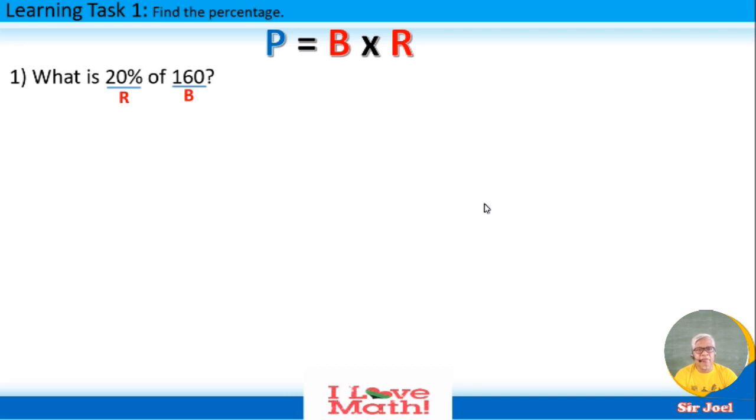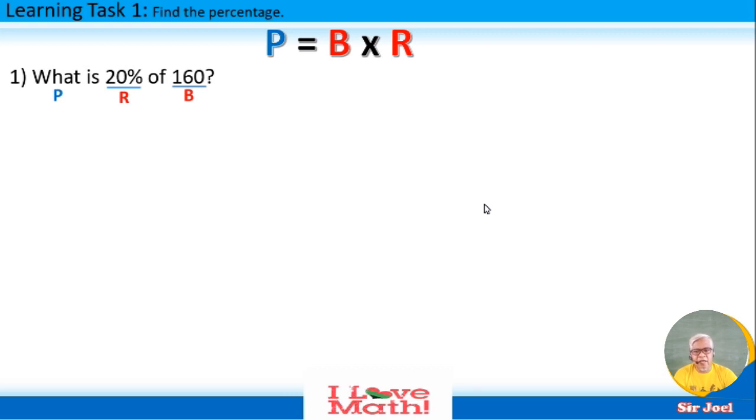Because a while ago, sabi natin, base can be found before or after the word of. Depende sa pagkakasulat. But again, sabi natin kanina, kung normally ang rate can be found before the word of, lumalabas yung base, it can be found after the word of. If these two are the rate and the base, then the missing number is the percentage.